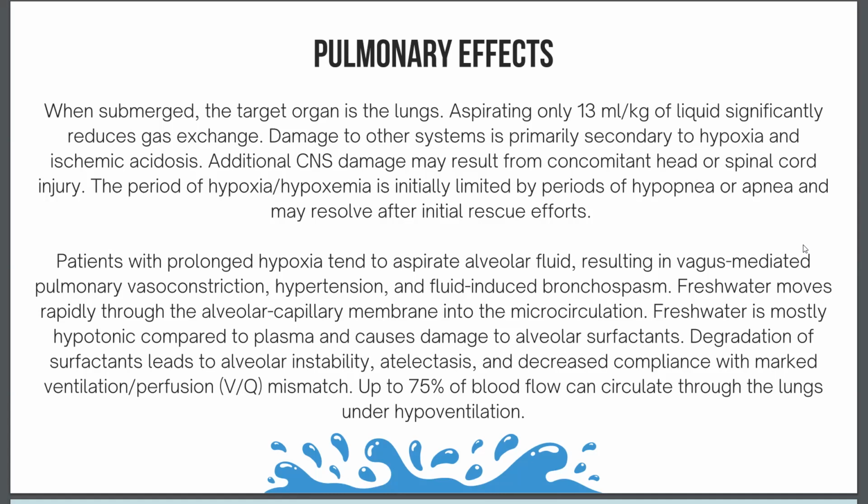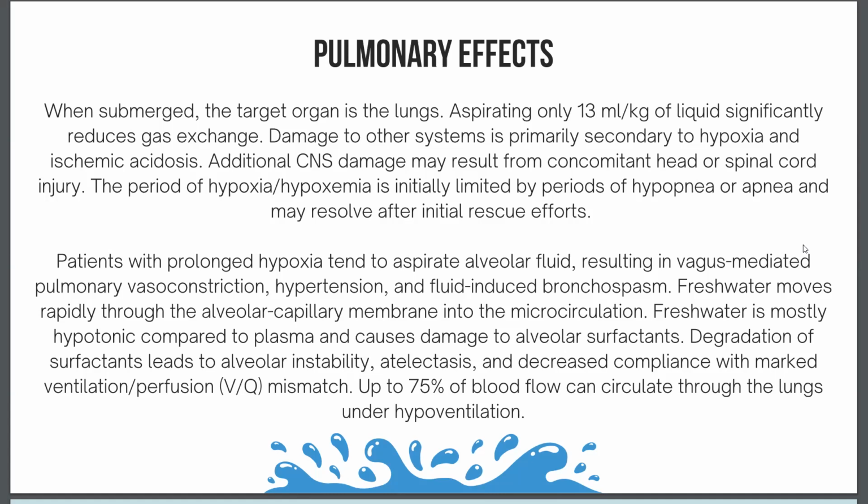Patients with prolonged hypoxia tend to aspirate alveolar fluid, resulting in vagus-mediated pulmonary vasoconstriction, hypertension, and fluid-induced bronchospasm. Fresh water moves rapidly through the alveolar capillary membrane into the microcirculation.